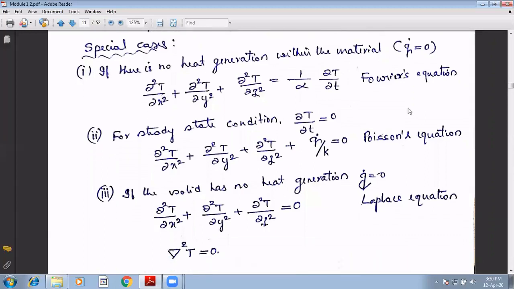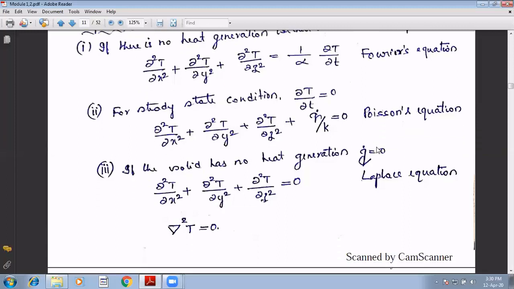Next, for steady state, the change of temperature with respect to time should be 0. In that case, this whole term will be 0. And if we consider heat generation, this is the expression, and this is called Poisson's equation.